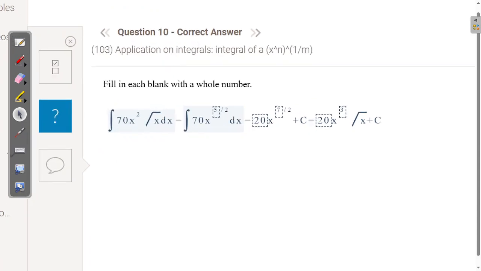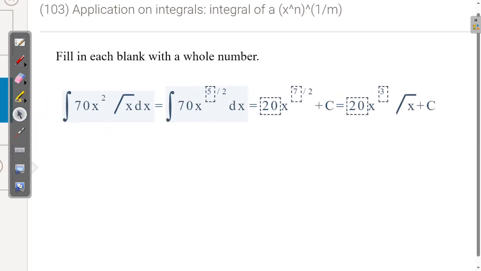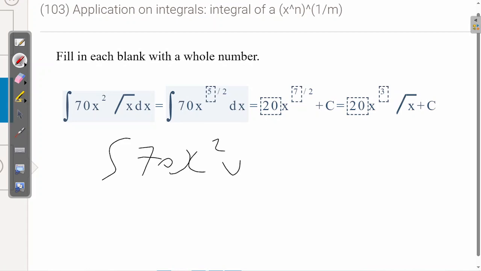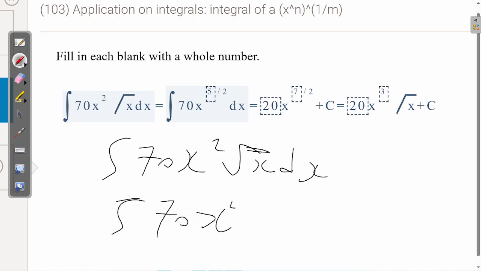Okay. Question. Easy. So you do integral of 70 x squared radical x dx. So what do you do? You have two x's here. You make them into one x. So you multiply. So first of all, you make this into an exponent. So 70x squared times x power half dx.